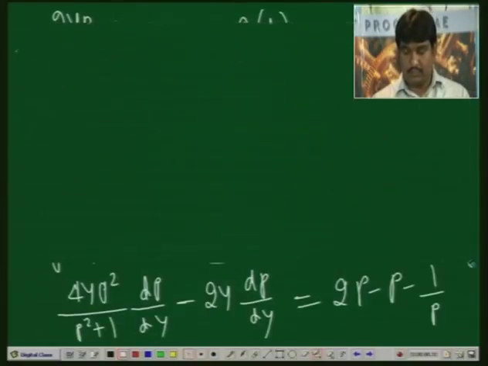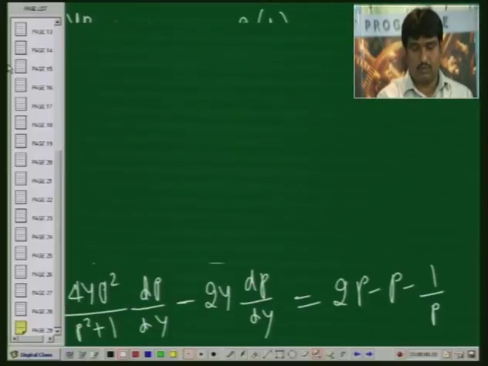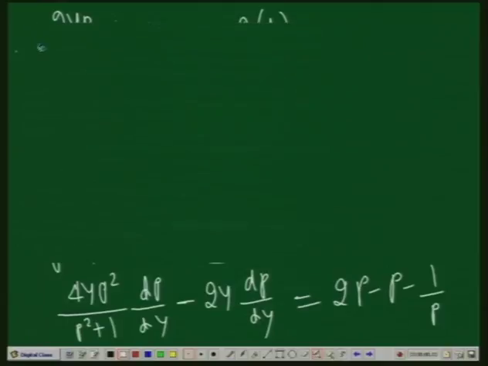Now, solve this, simplify this. You can see 2 is common, y is common, dp by dy is common.